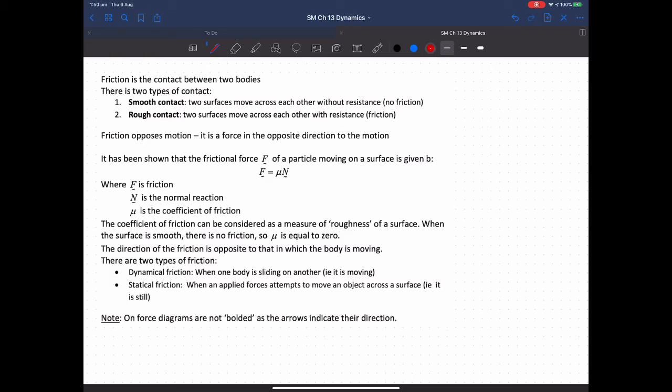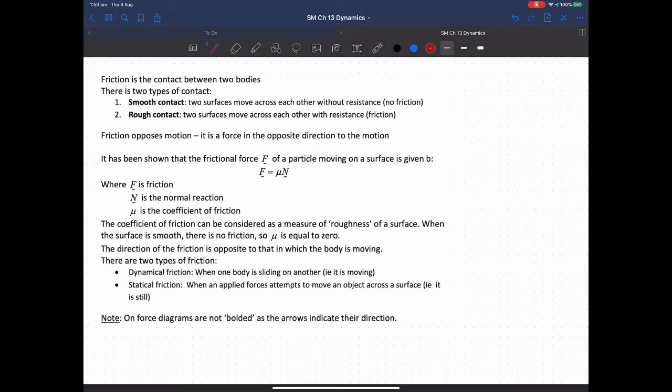Now we're going to consider sliding friction. So when two bodies are in contact, there is friction between them. When we are solving problems, we need to look to see what type of contact there is between two bodies.